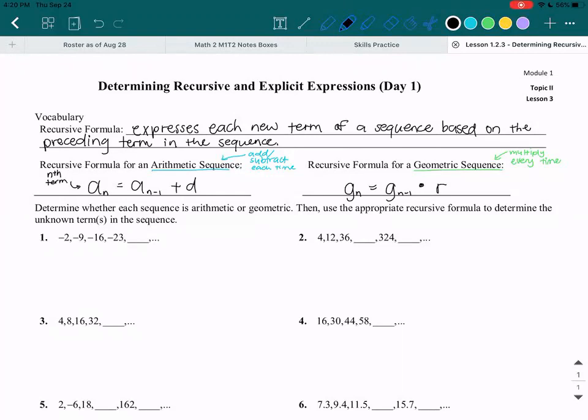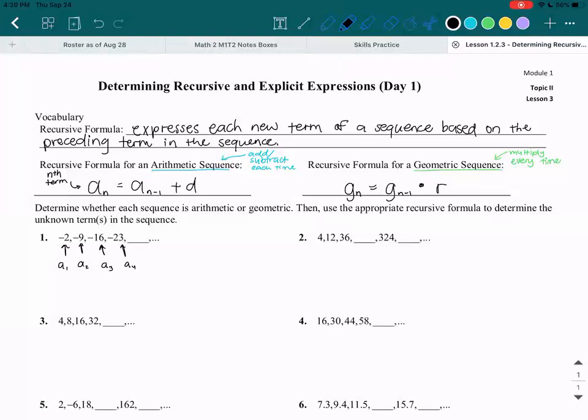And you're like, what does that even mean? Well, if this example on the bottom, that's your first term, then this is your A sub 1 because it's your first term. Then this is your second term, so it's A sub 2. This would be your third term, so that would be A sub 3. This would be your fourth term, that would be A sub 4, because that's an arithmetic sequence.